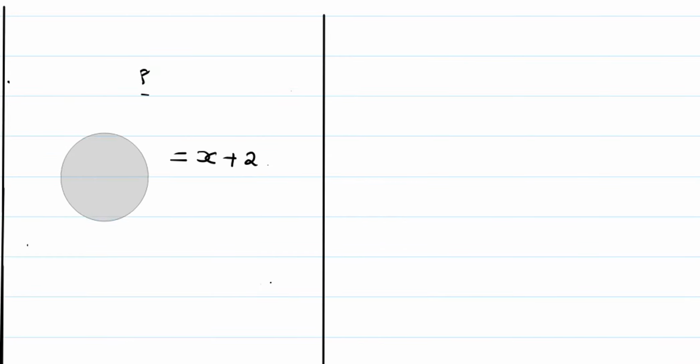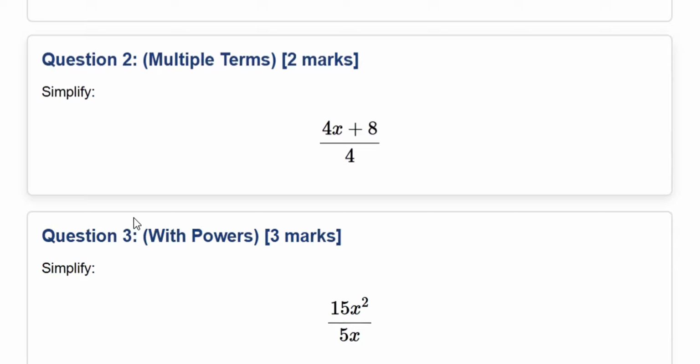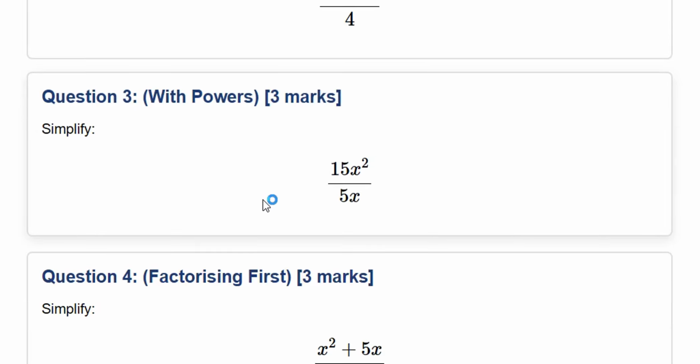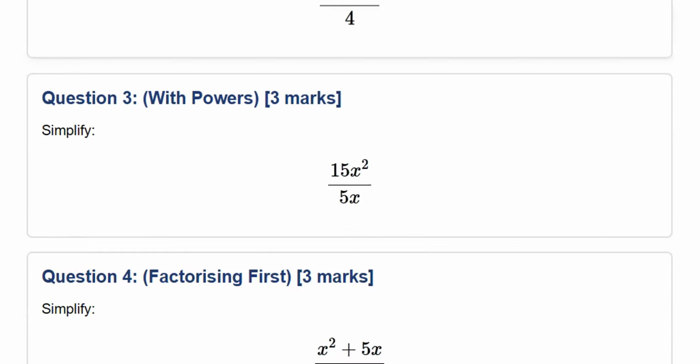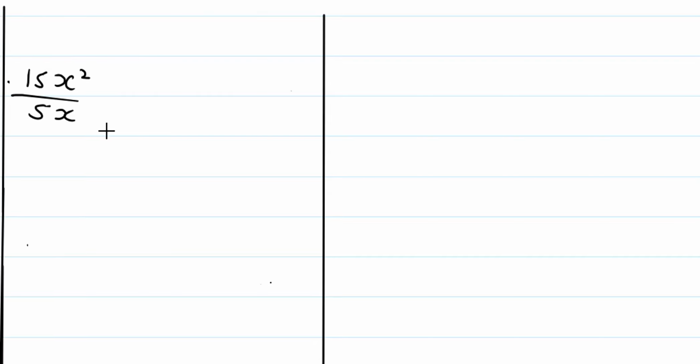We can continue with more complex questions, like question 3, where we have to simplify 15x squared divided by 5x. In this question, the first thing you need to note is that we have the variable x and the coefficients 5 and 15.